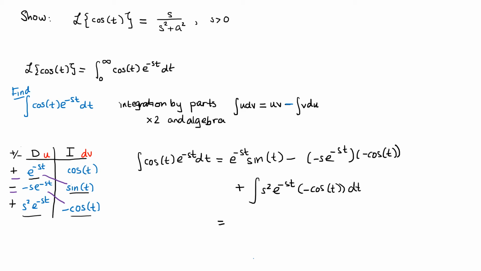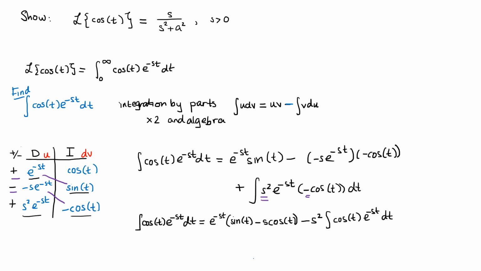I'm going to simplify the pieces on the right-hand side that are outside of the integral, and I'm going to pull out the constants from inside of the integral on the right side. So we see this s squared, which doesn't depend on t. We see this negative sign that can be pulled out front also. Okay, so here we have this simplified version.